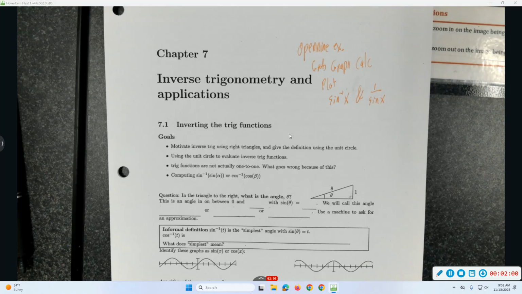Over sine inverse or 1 over sine? Oh, sorry, 1 over sine of 7. 0.12. Are you sure? Not 1.2? Yes.